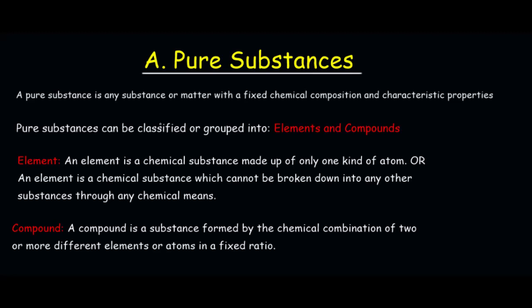A pure substance is simply a substance or matter with a fixed chemical composition and characteristic properties. That is what a pure substance is. What we are trying to say is that we are talking about any substance which is pure chemically, not physically.